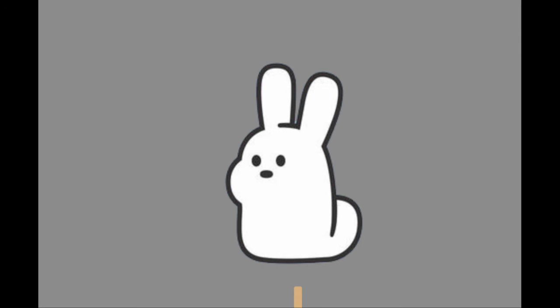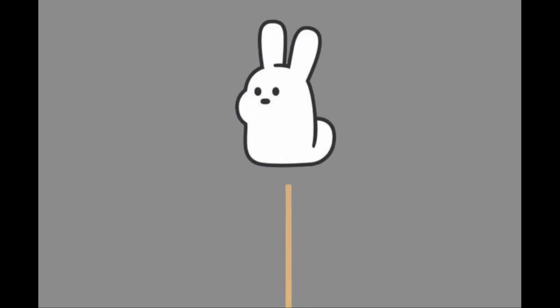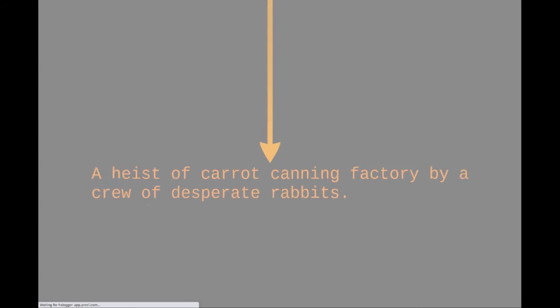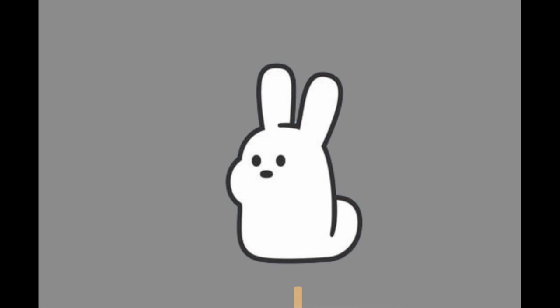Supposing that you want to do a story about rabbits, it's no good saying that, well, this story is going to be about a bunch of rabbits. There has to be a little bit more, and here is an example of what I mean by that. A heist of a carrot canning factory by a crew of desperate rabbits. Now automatically that gives a huge change to what we were looking at before, which was a cute little rabbit.